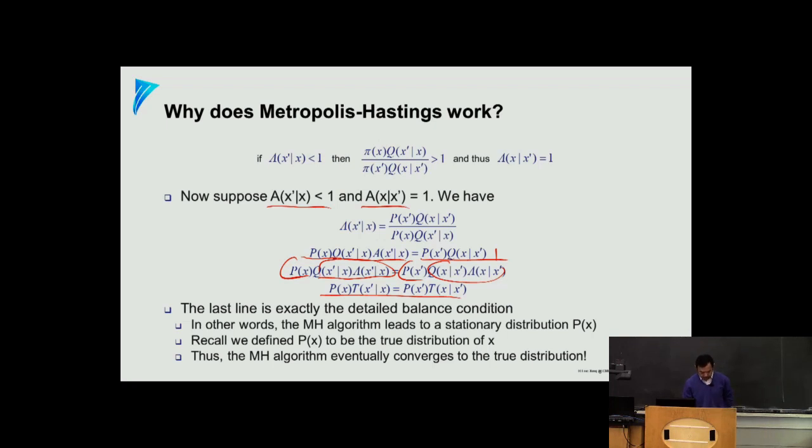So we basically kill two birds with one stone. Because of the way we define the proposal and the acceptance rate, we established detailed balance, which allows the target distribution to be the stationary distribution, and the transition kernel to be defined by the moving proposal times the acceptance rate.